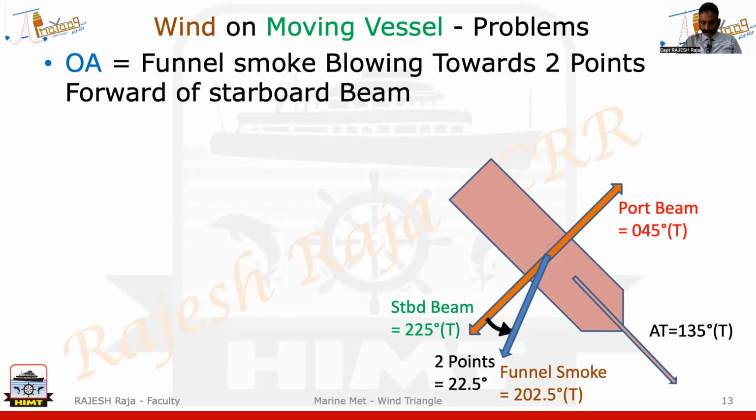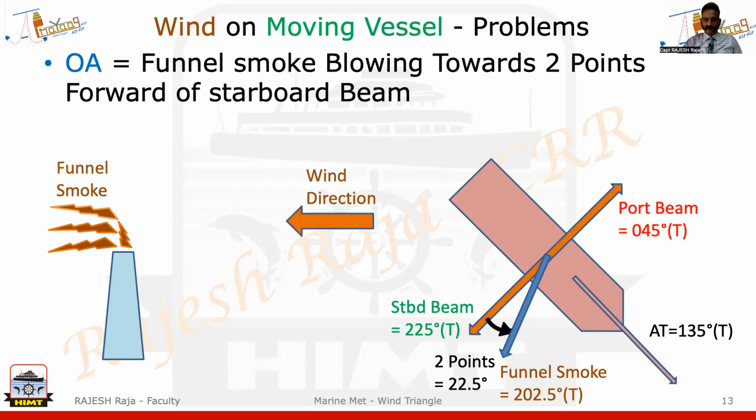Okay. Now, how to solve this problem? Let us see. I'll show you the concept behind it in the next slide also before we actually solve the problem. Now, let us say a vessel experiences funnel smoke and the smoke is going out like this, which very clearly means that the wind was coming from here. And this wind, please remember, is the apparent wind.